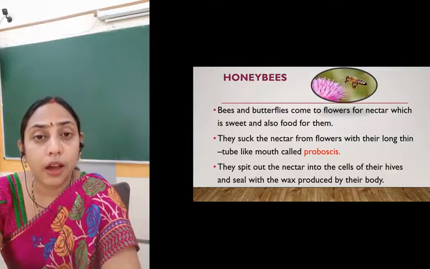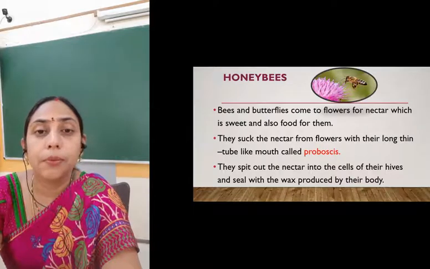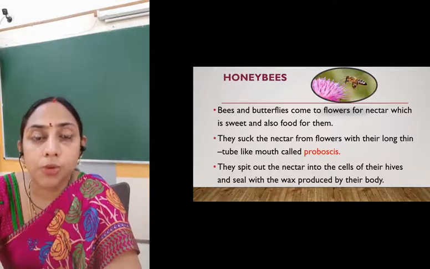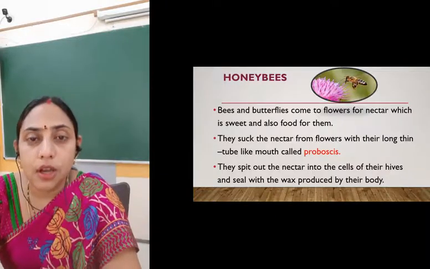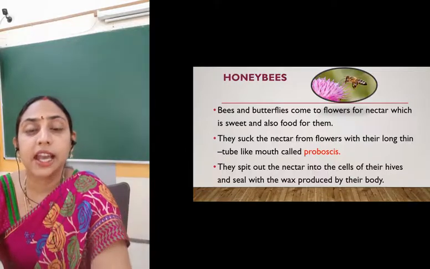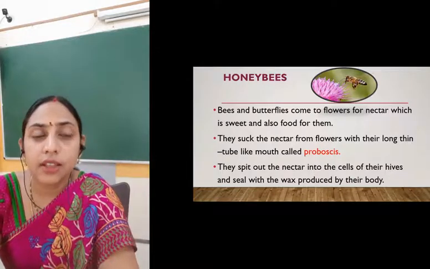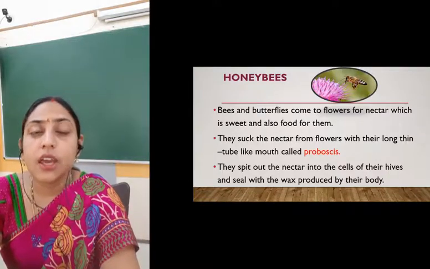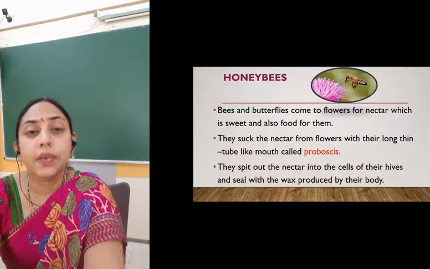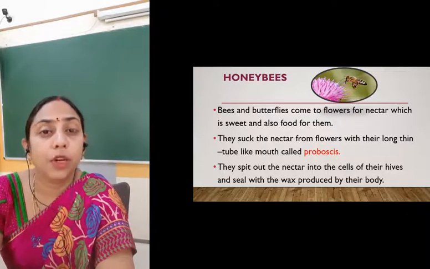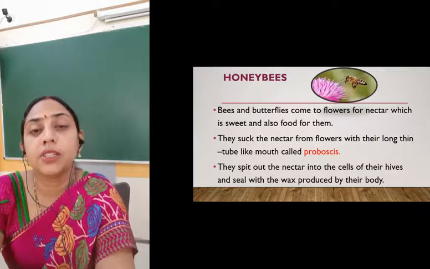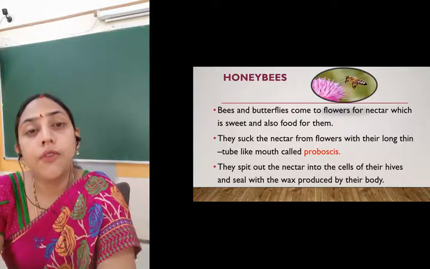Bees and butterflies have a long thin part of the mouth called the proboscis. This proboscis acts like a straw, like how we drink juice through a straw. In the same way, butterflies and bees, with the help of their proboscis, suck the nectar of the flowers, right.